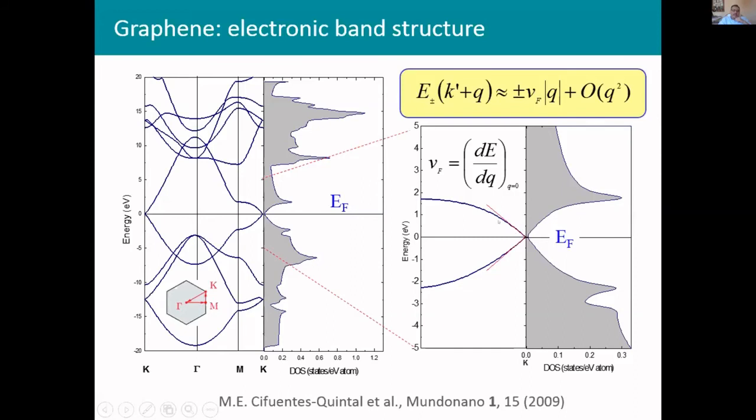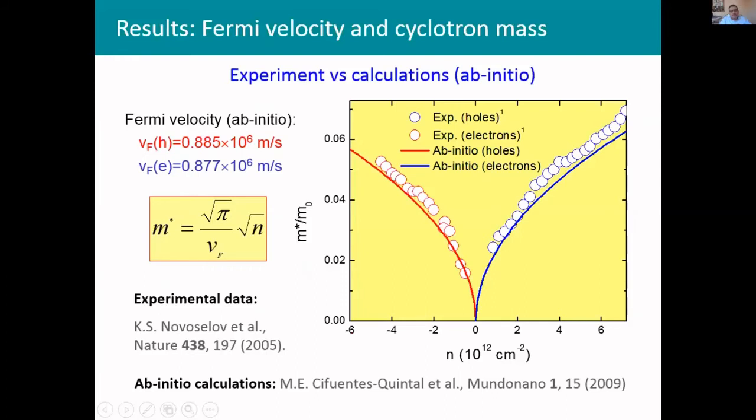We can approximate this band structure to a linear relation. The slope of this line is the Fermi velocity of the charge carriers in graphene, and this linear behavior in the energy produces many of these different properties of graphene, different with respect to normal materials.